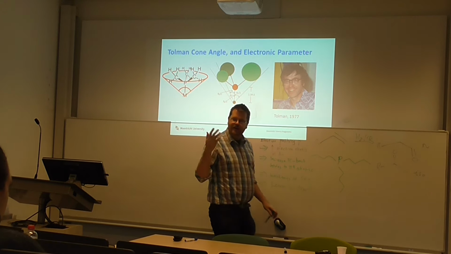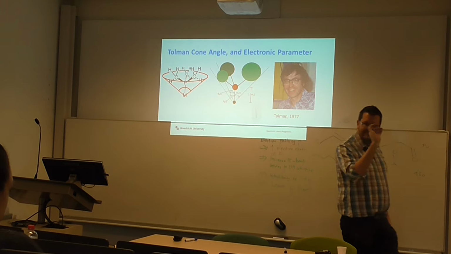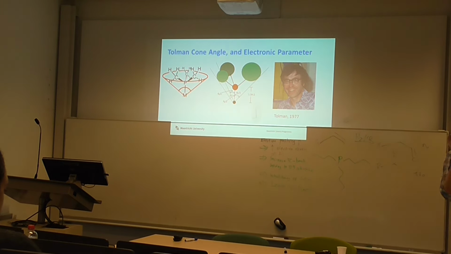So do you see how nice this is? You can actually, just by recording an infrared spectrum, say something about the electronic characteristics of a phosphine. Great. And that's what Tolman did.